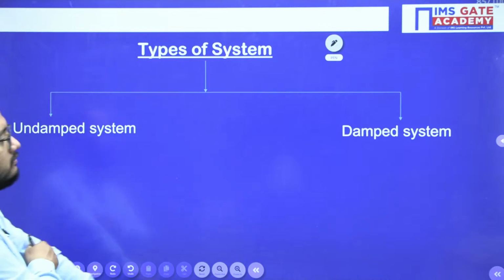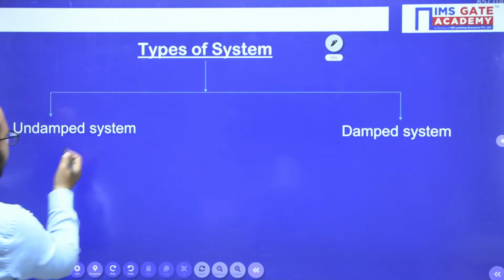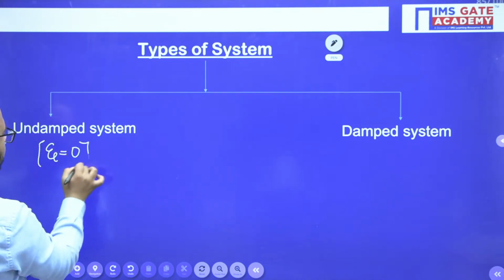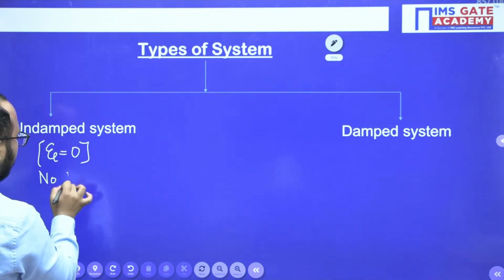Now, types of system: damped and undamped system. Undamped basically means no damping, damping factor 0. Simply we will write no damping.